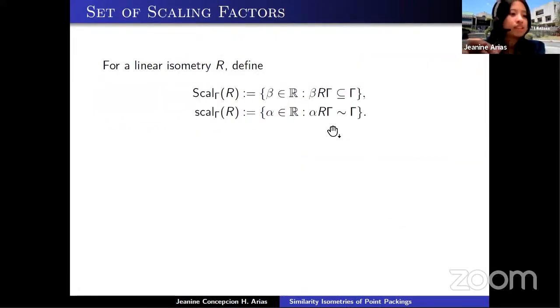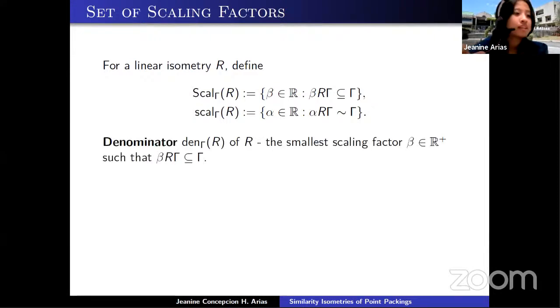By definition, the sets of scaling factors are non-trivial if and only if R is a similarity isometry of gamma. We also define the denominator of R to be the smallest positive scaling factor, beta, such that beta R gamma is a sublattice of gamma.